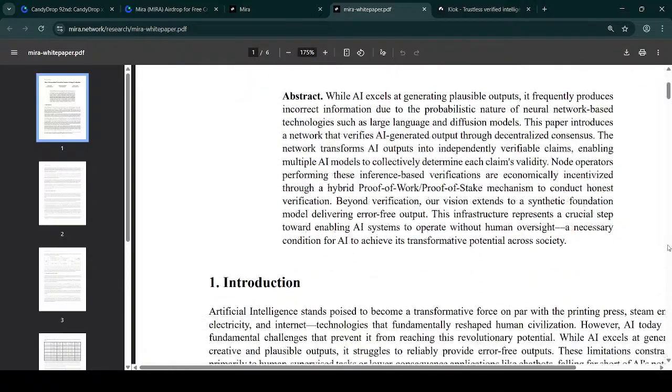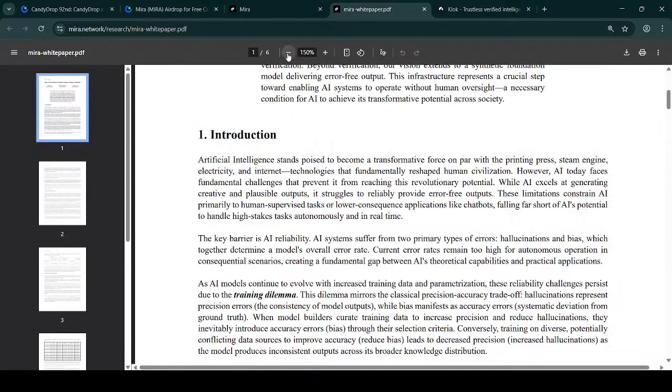So let's talk about the introduction, guys. Artificial intelligence has become a transformative force, comparable to the steam engine, electricity, and the internet, technology that fundamentally reshaped human civilization. However, AI today faces a fundamental challenge that prevents it from reaching its revolutionary potential. While AI excels at generating creative, polished output, it struggles to reliably provide error-free output.